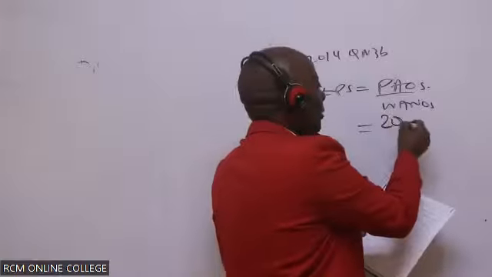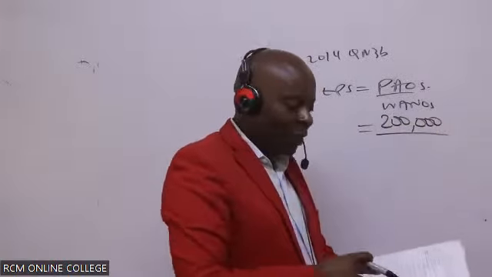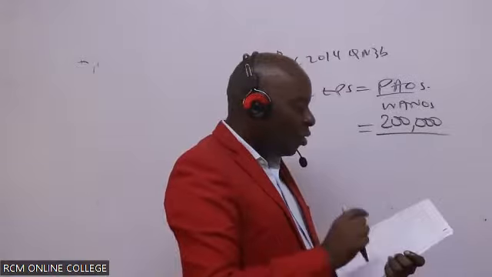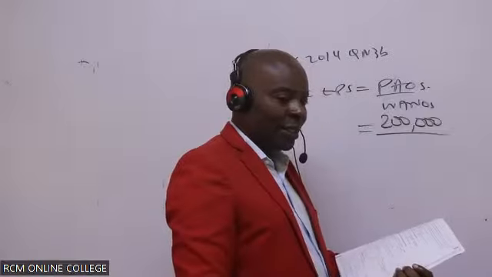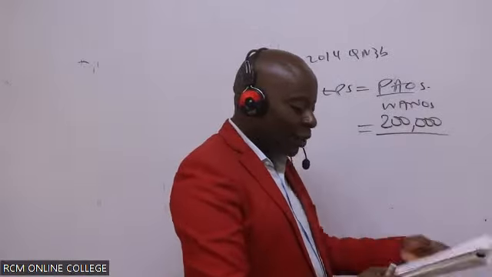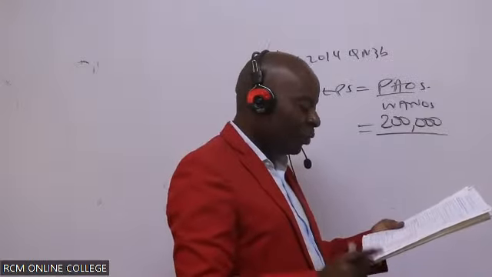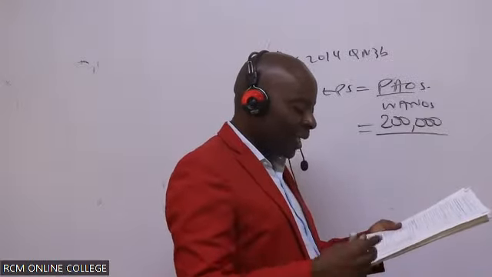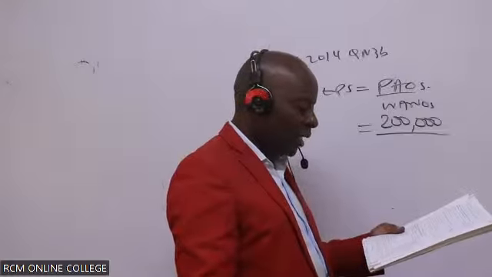The profit attributable to ordinary shareholders, all over the number of ordinary shares outstanding. Are you able to see the number of ordinary shares we have? If you look at note number 1, the company has 100 million ordinary shares of shillings 10 each, fully paid, outstanding.